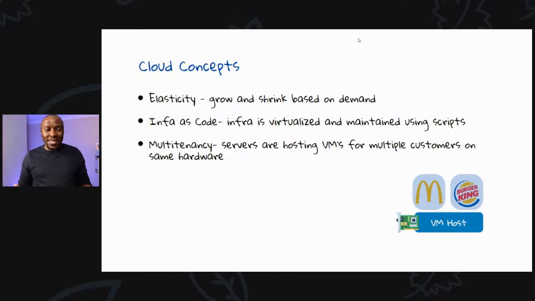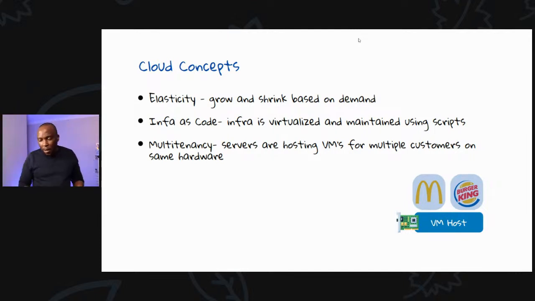So with elasticity, the cloud infrastructure will have the capacity to grow as demand for the services is required. And then when demand is no longer required, the infrastructure shrinks automatically. And that's the concept of elasticity.